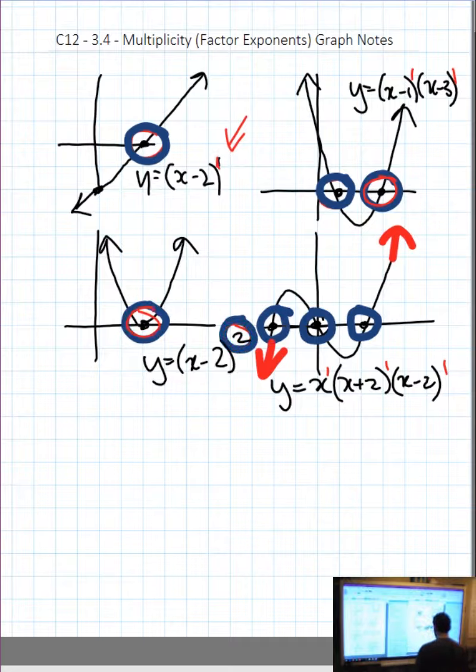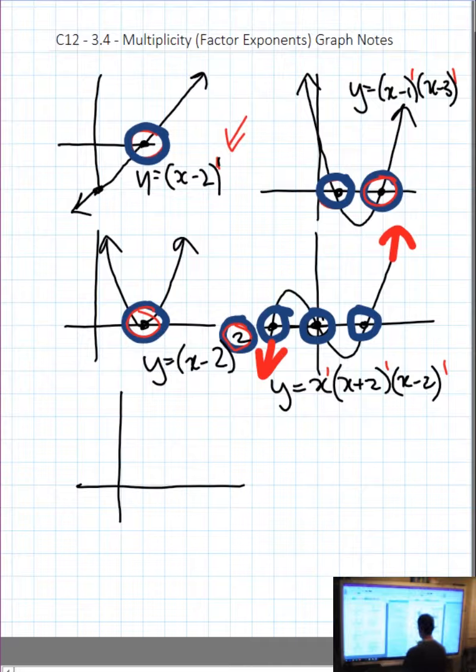Now let's see another example of one that goes straight through and bounces off. So let's go for a graph with an x-intercept at 1 and negative 1, seen in the notes.